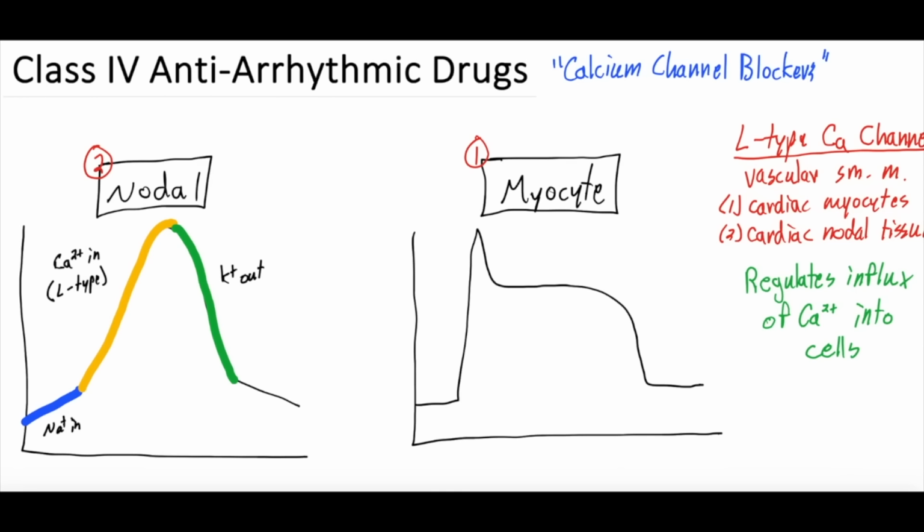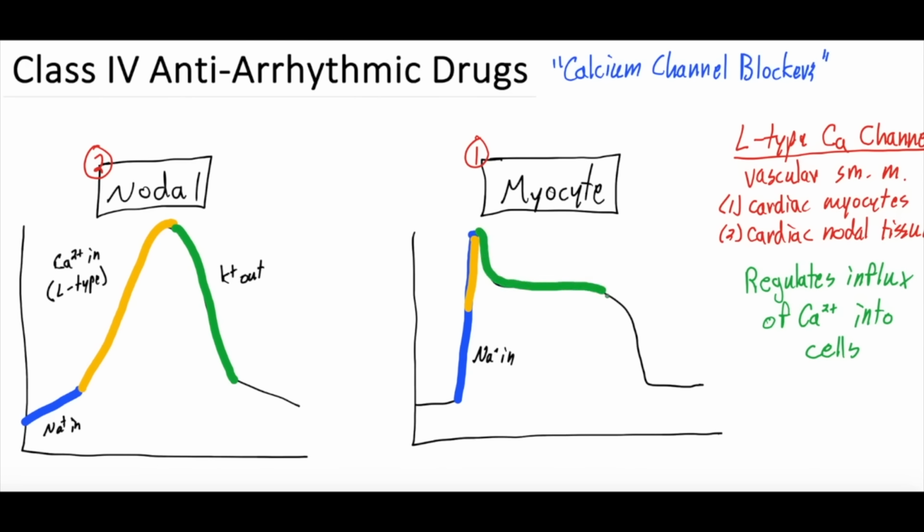Now we go to the myocyte. The myocyte is a little more complex. You can think of it as sodium going in here. So sodium in. At the same time, though, there's some calcium going in as well. Here, you start to get potassium out.